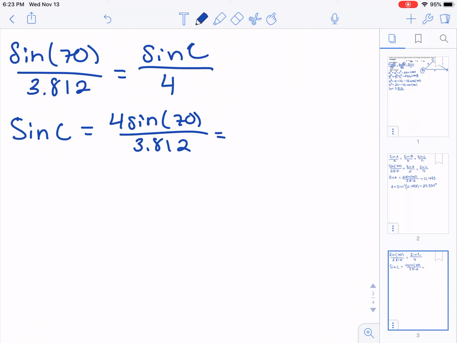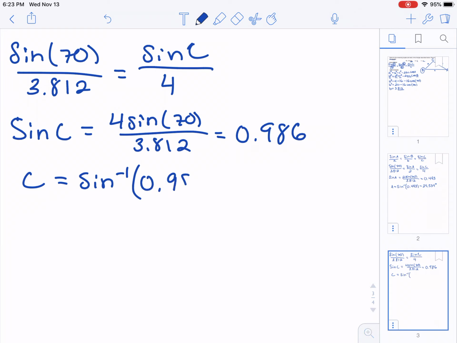Solving for this, we end up with 0.986. And again, just like the last time, to find the actual value of the angle C, we have to do the arc sine of this 0.986, which gives us 80.414.